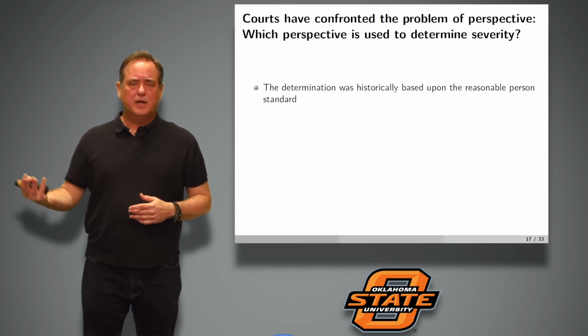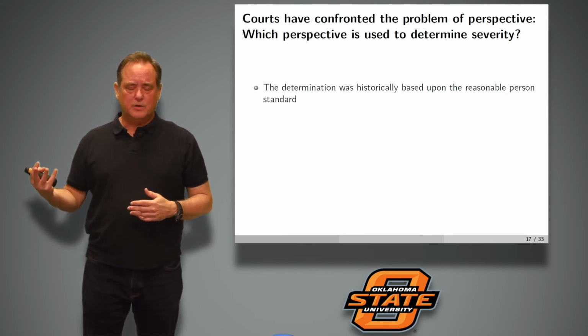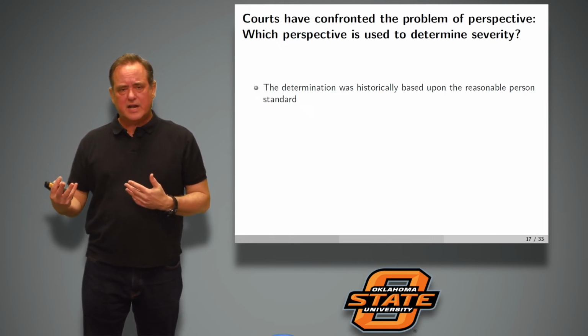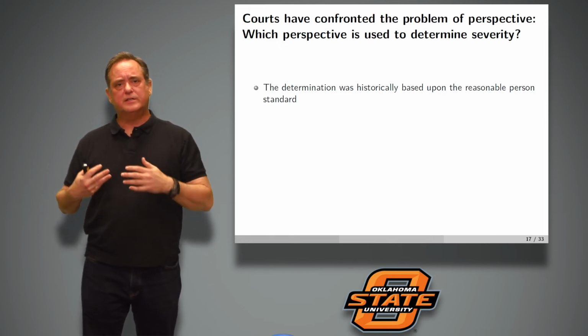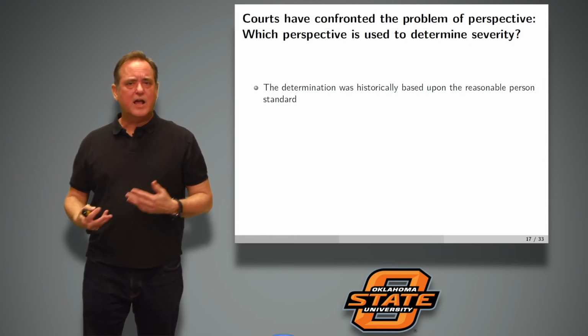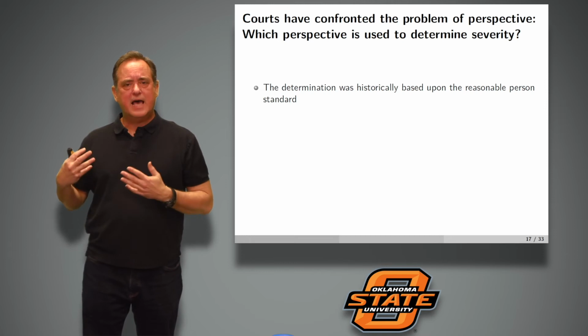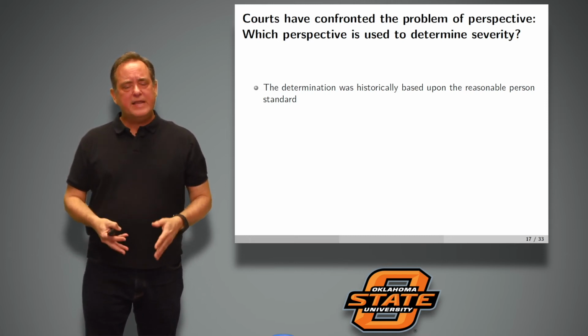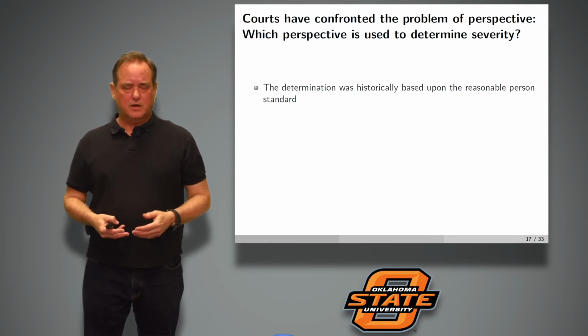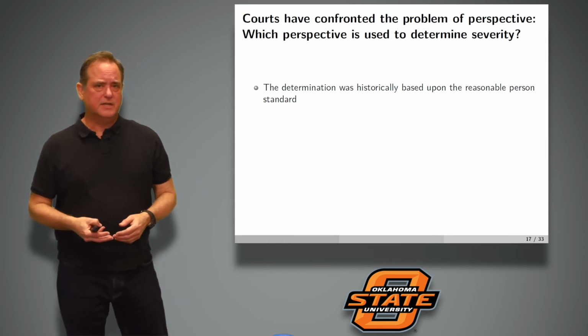When someone runs a red light and strikes you with their car while you're crossing the street, we ask, was that person driving in a reasonable manner? Was that person doing what a reasonable person would do under the same or similar circumstances?